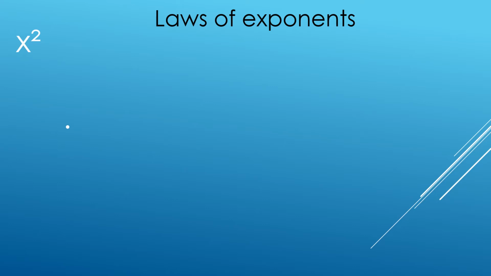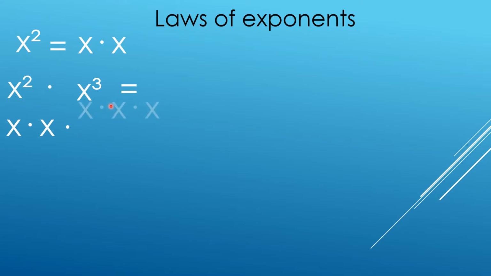So I have here x squared. X squared means x times x. Thus, this exponent tells us how many times the base is multiplied. Now if I have x squared times x cubed, that is x times x times x times x times x.